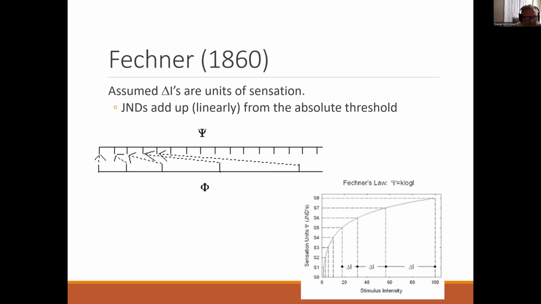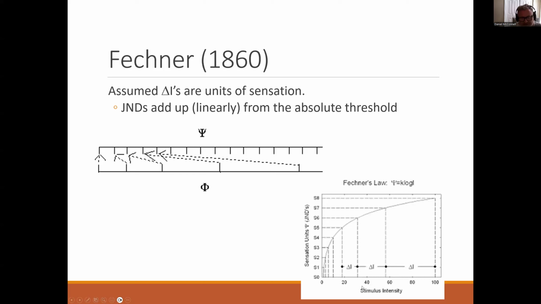That's also what I'm trying to depict on this scale. So think of this as a scale or a ruler here on the center image. We have the Greek letter psi for psychological, because that's what these sensation units are. And we see that all of these hash marks on my psychological scale would be equally spaced, as if they are units of sensation, right? I don't know if that's drawn perfectly, but just pretend that it is.